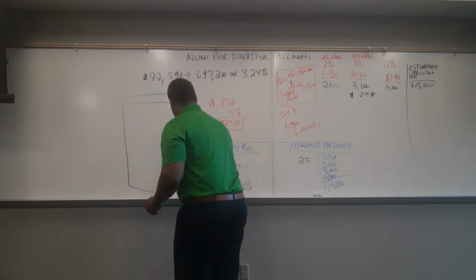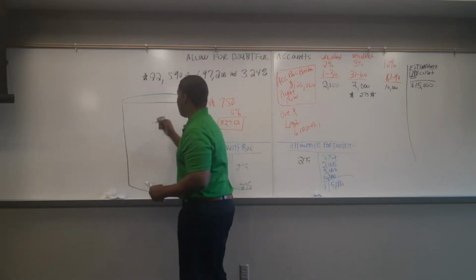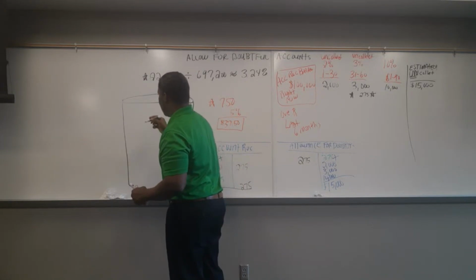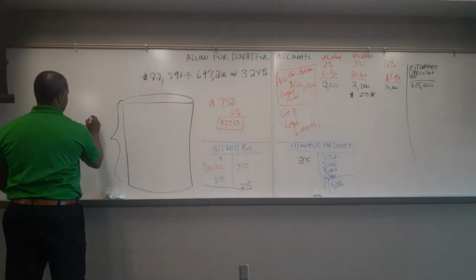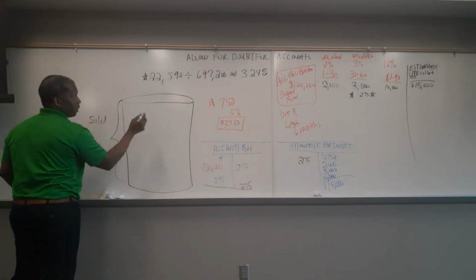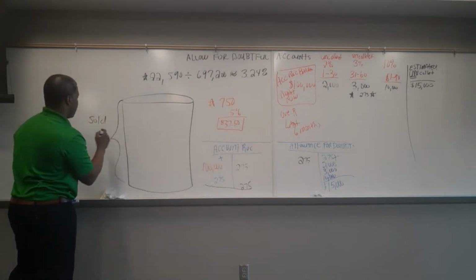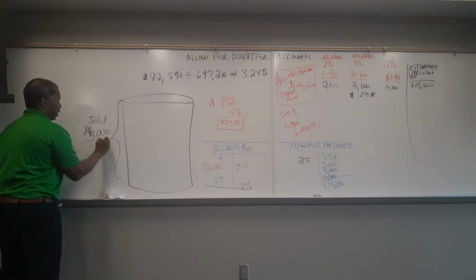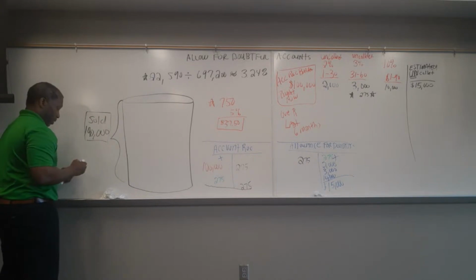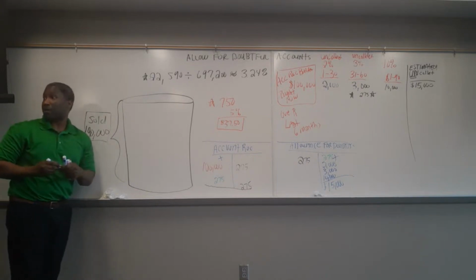This is my allowance for doubtful accounts, right? Or this cup, okay? So, I sold, for this example here, $100,000, right? This is how much I sold, right? We're good on that part so far?